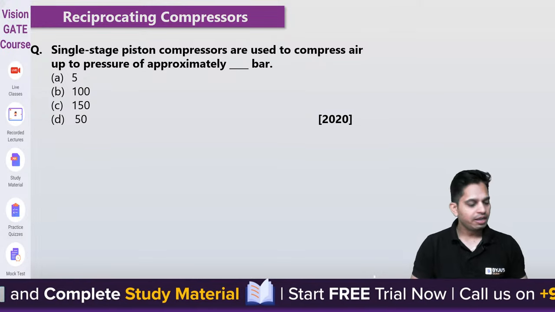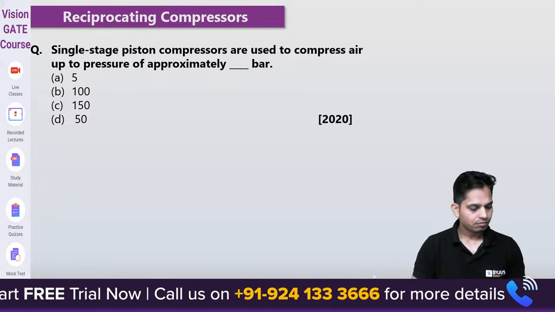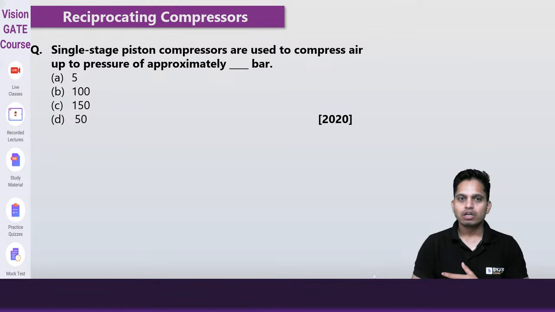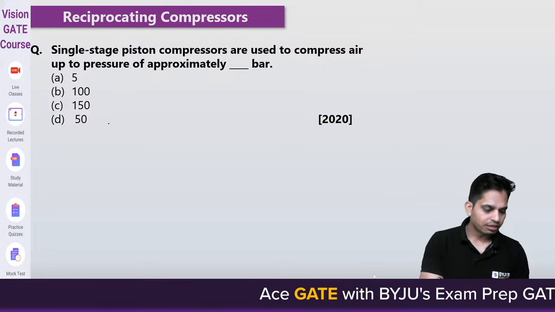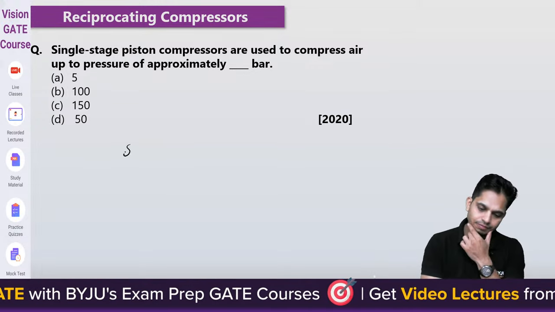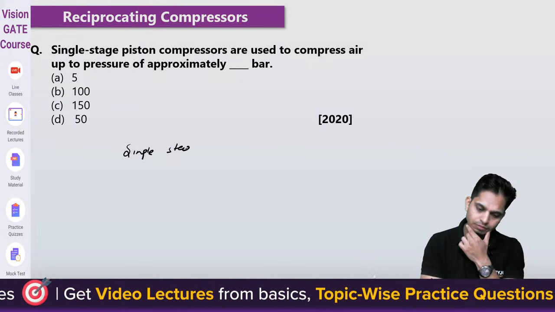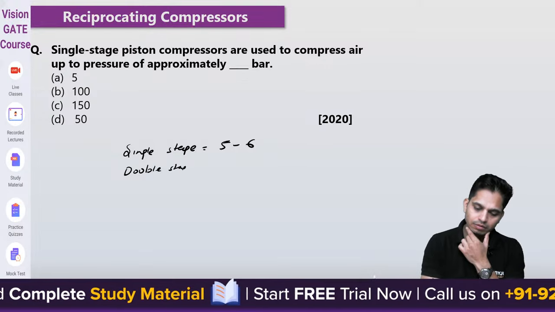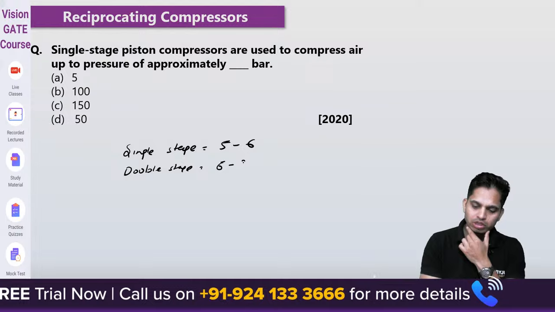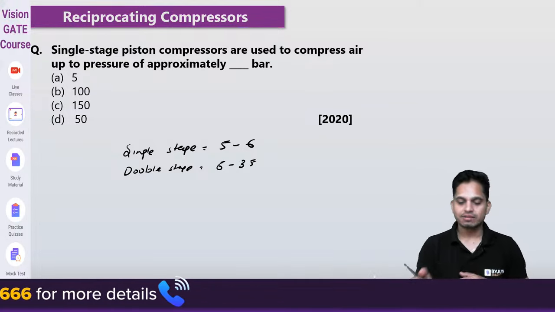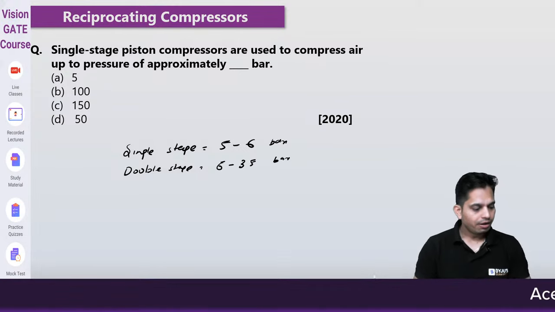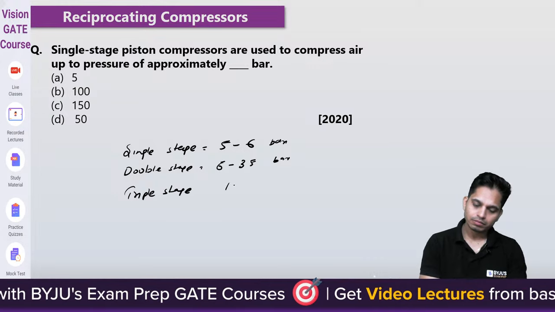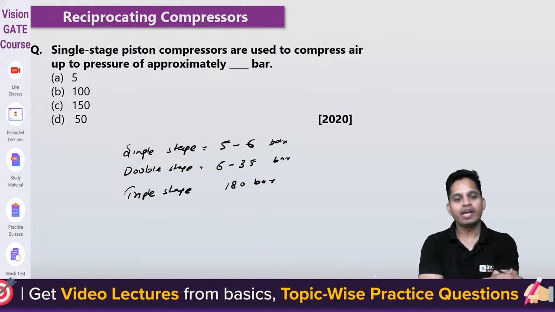Basically, if you are using single stage, you are going to compress only around 5 to 6, not more than that. 5 to 6 maximum. So it can be 5, 5.5, anything. Okay. So single stage is around 5 to 6 and double stage is up to 6 to 35 bar. Then we have triple stage up to 180 bar. Okay. So 5. Next.